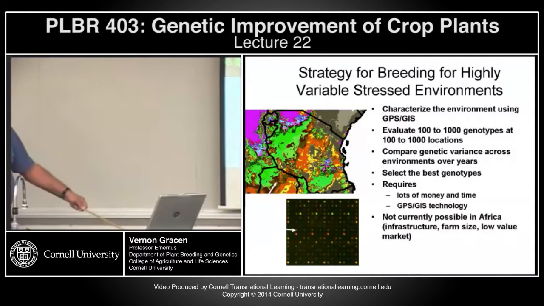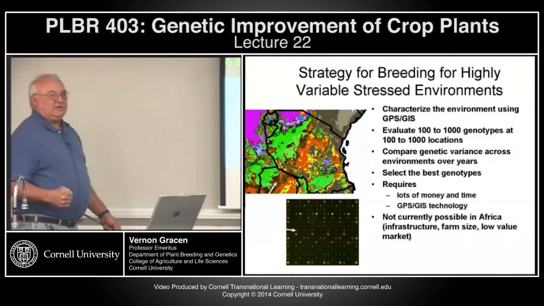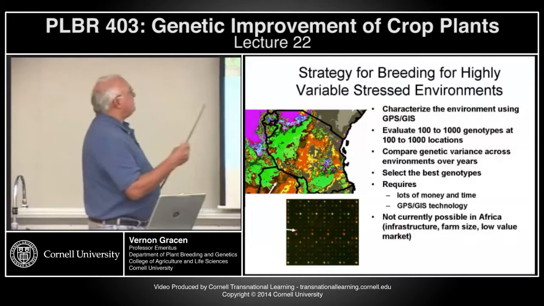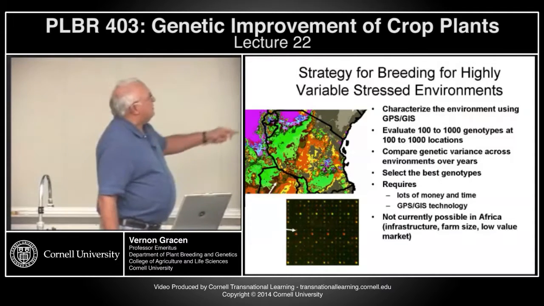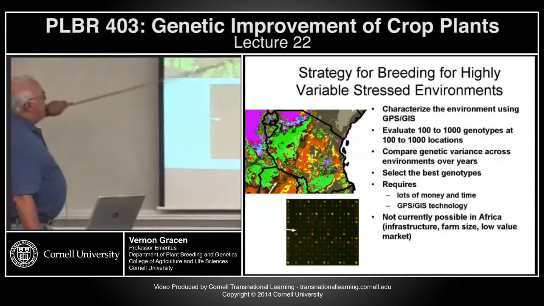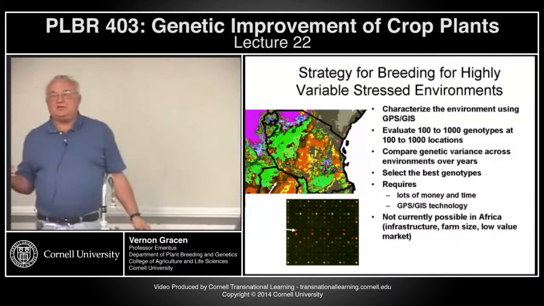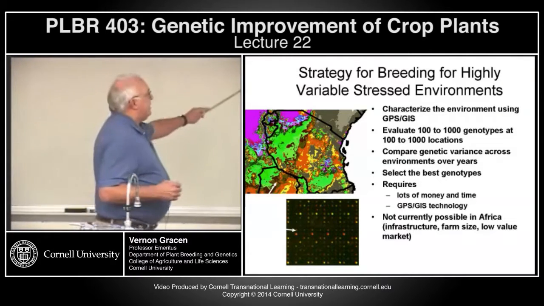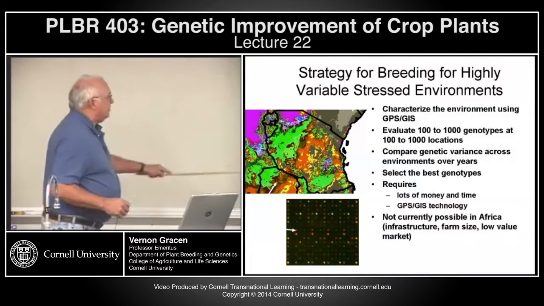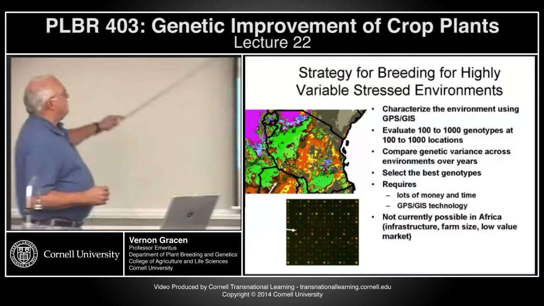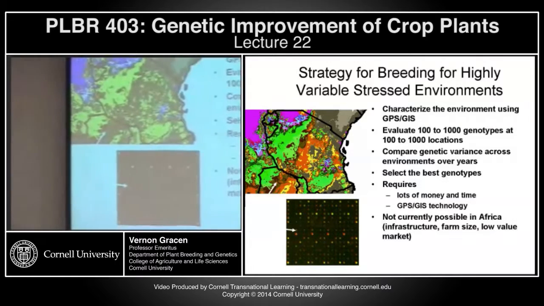So how do you go about breeding for abiotic stress tolerance? Well, there's a strategy that says, yeah, we can go in and characterize our environments. We can use GIS and GPS technology, and we can characterize our environments, and then we can select varieties that perform better under those conditions.